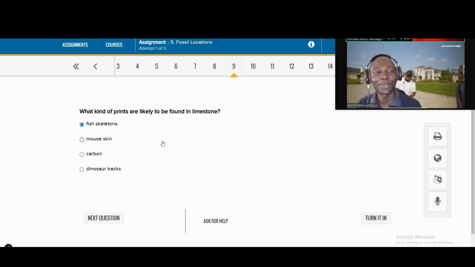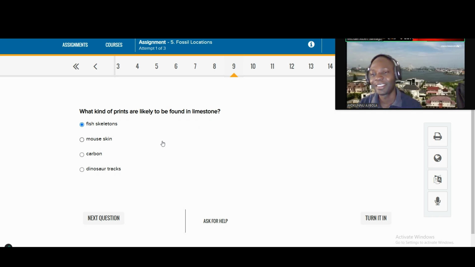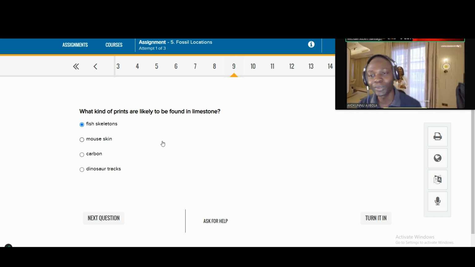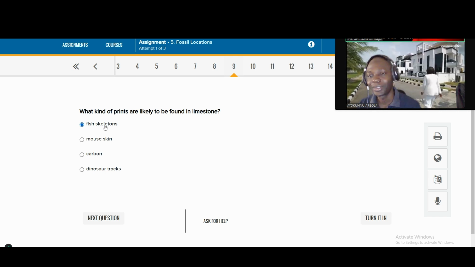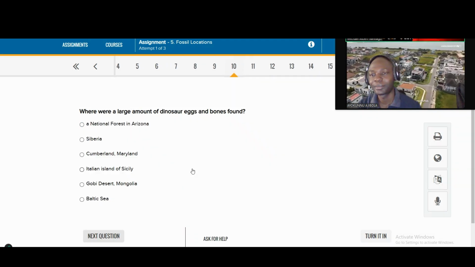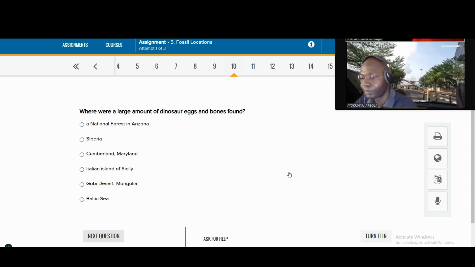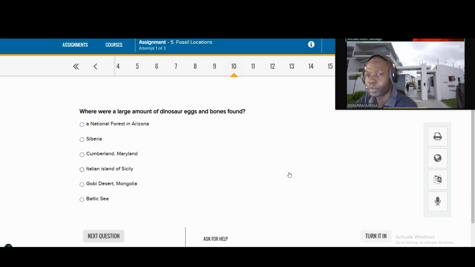Did we even mention mouse skin? You did not read, you are just picking options from me. Did we say we found mouse skin? Is skin a fossil or bones? So, fish skeleton. So read the next one.